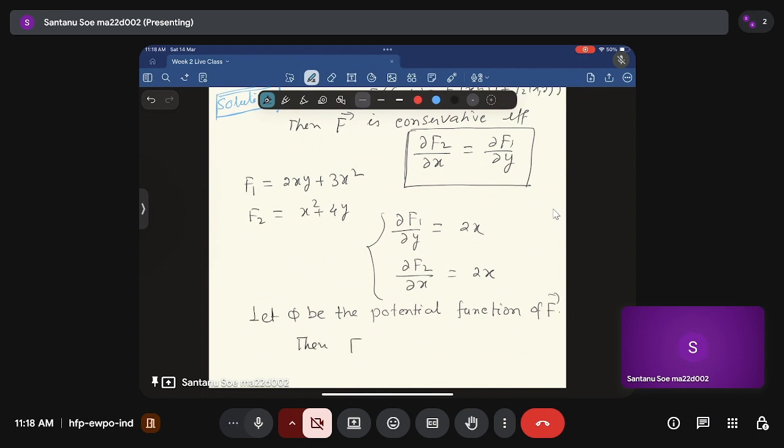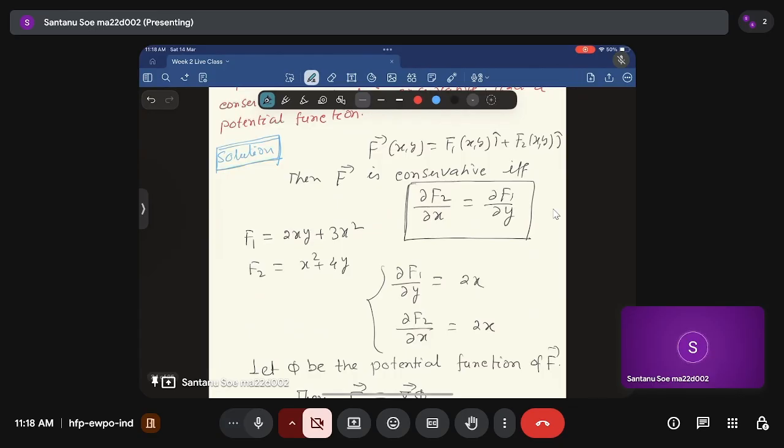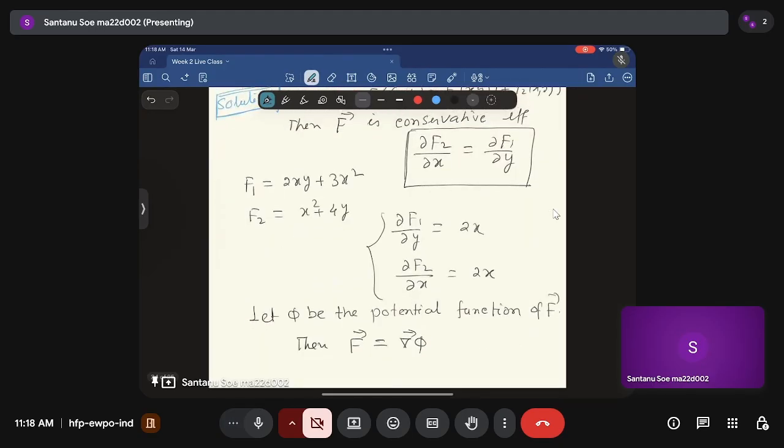Then the vector field f is gradient of phi, and this is same as (2xy plus 3x square) into i cap plus (x square plus 4y) into j cap, and this is same as del phi by del x into i cap plus del phi by del y into j cap.